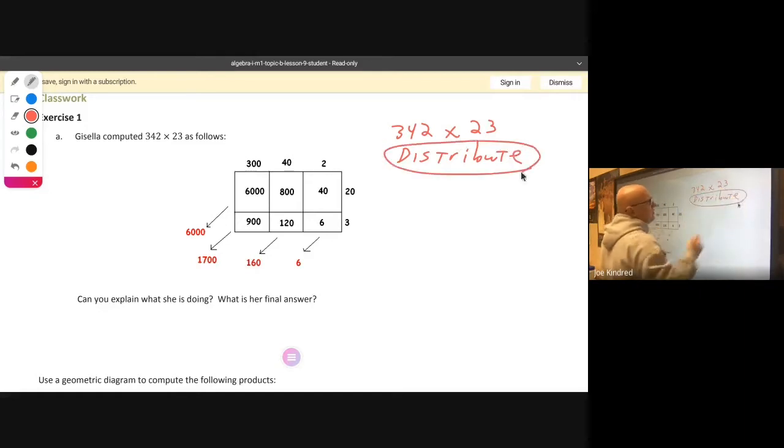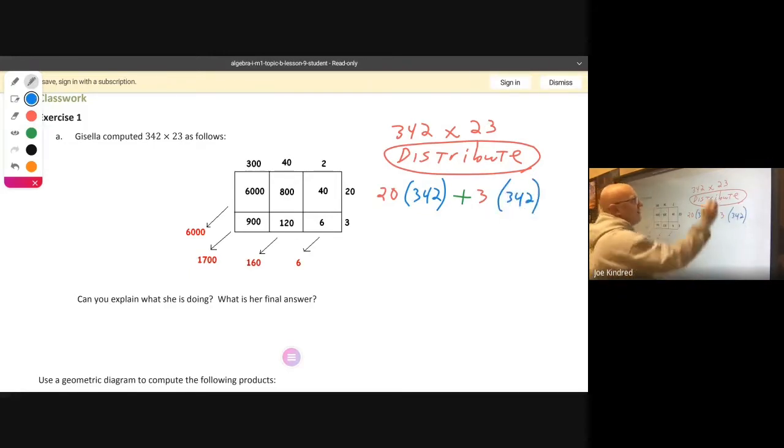I'm going to distribute 20 times 342 plus 3 times 342. So I've broken this number up into 20 and 3, and I'm distributing them into the number 342.